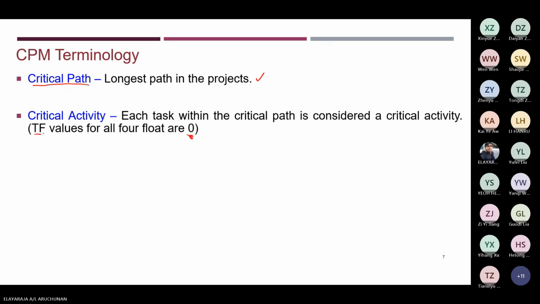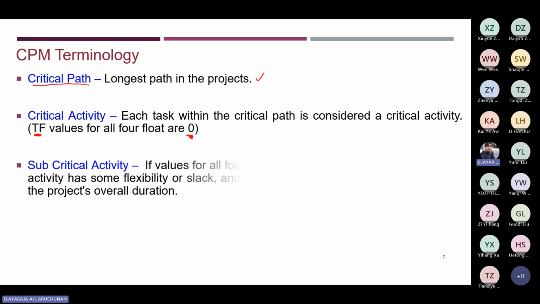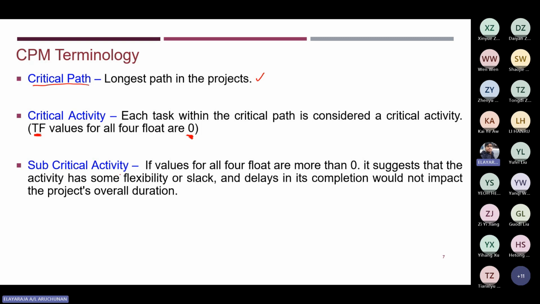If we calculate the floats for a critical path activity, you will obtain a 0 value for the total float, free float, independent float, and interference float. Everything will be 0. Subcritical activities are also defined: if the values for all four floats are more than 0, it suggests that the activity has some flexibility or slack.